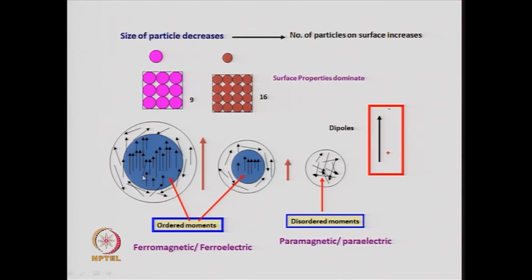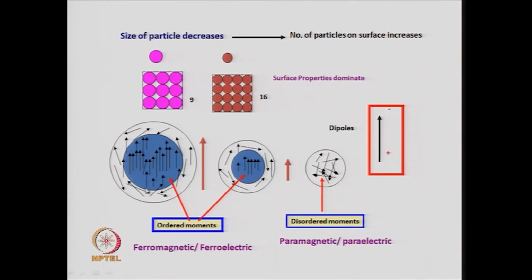So, what is happening is, from an ordered dipole type of arrangement, you are going to go to a disordered arrangement as you decrease the size of the particle. So, from ordered moments you go to disordered moments, and from ferromagnetic you go to paramagnetic, and from ferroelectric you go to paraelectric. For this discussion of dielectric properties, what is important is the ferroelectric and paraelectric transformation.